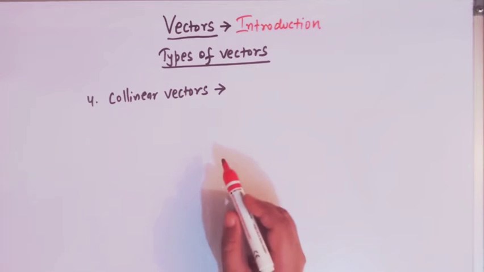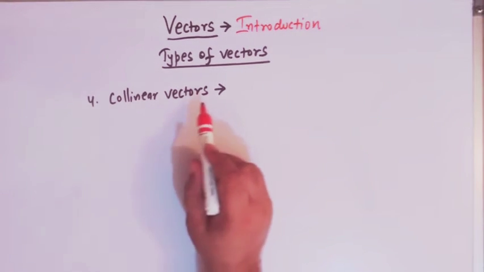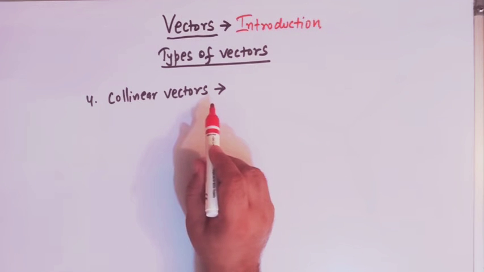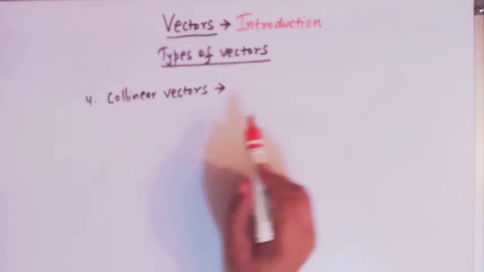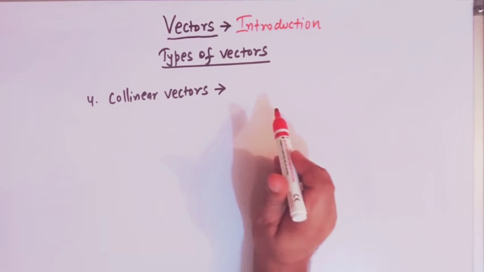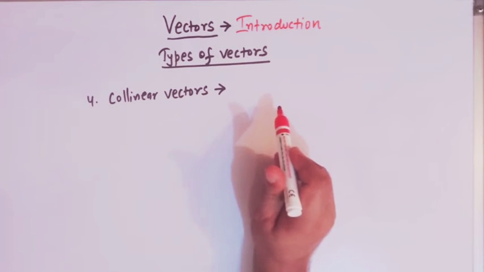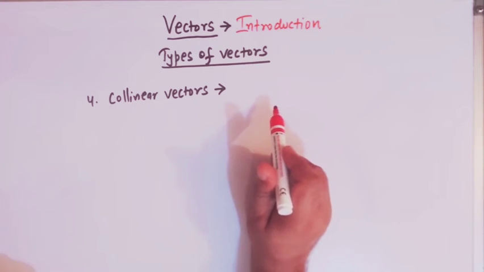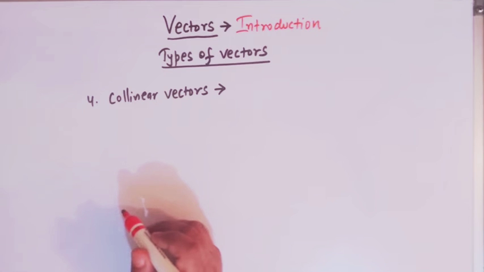Now come to collinear vectors. Two or more vectors are said to be collinear if they are parallel to the same line, irrespective of their magnitudes and directions, right? Or in other words, we can say that vectors having the same or parallel supports are known as collinear vectors.